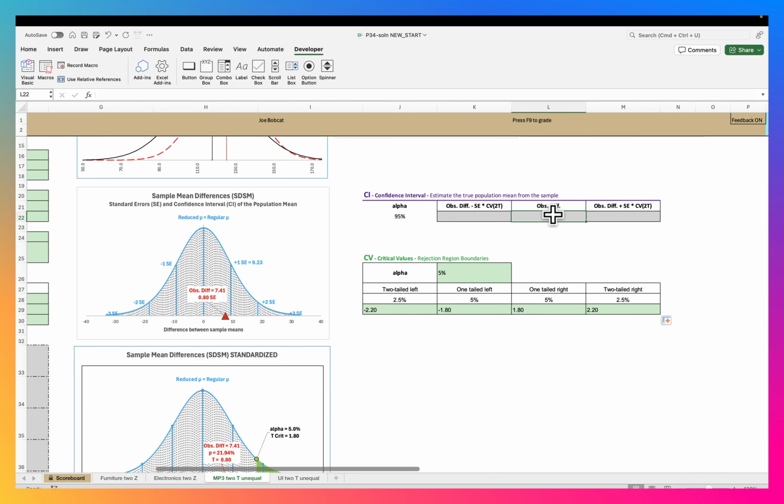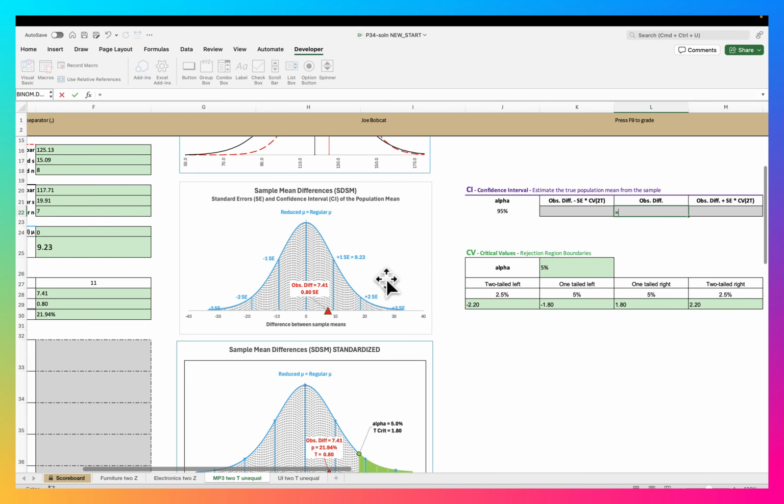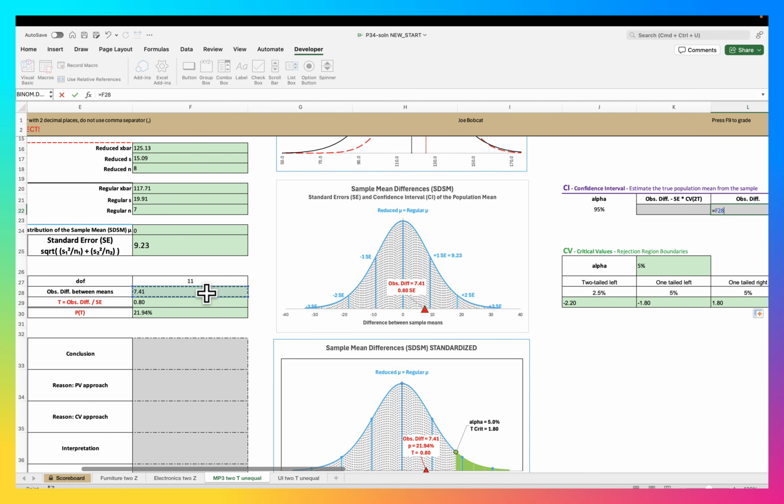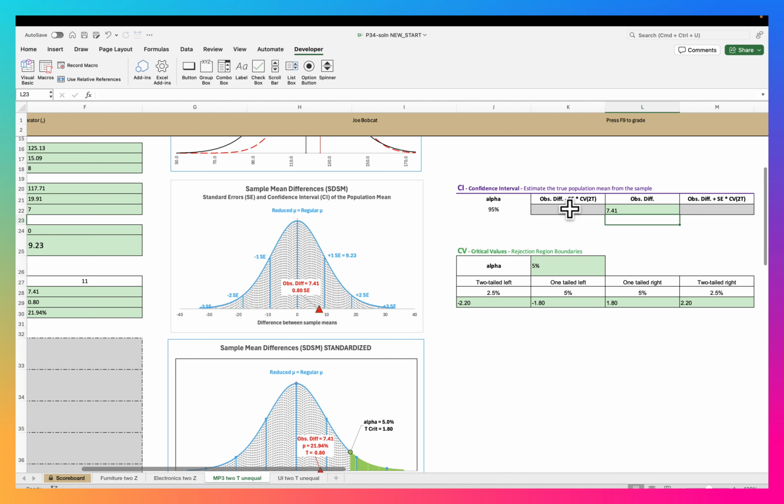Then let's look at our confidence intervals. We start out with the observed difference, and take that minus the standard error times this number. Remember, the reason we're picking this number, the 2.20, is because that's what an alpha of 5% in a two-tailed test would be.